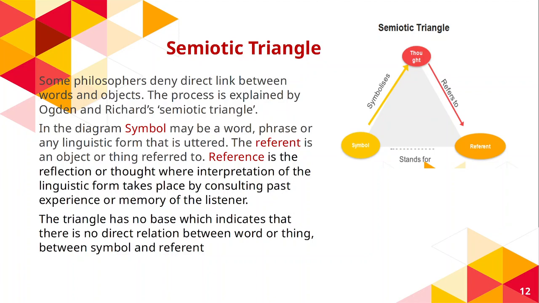Here you will see that the symbol can be a word. It starts with the symbol. Here you can see, this is the symbol. This symbol may be a word or a phrase or a linguistic form.